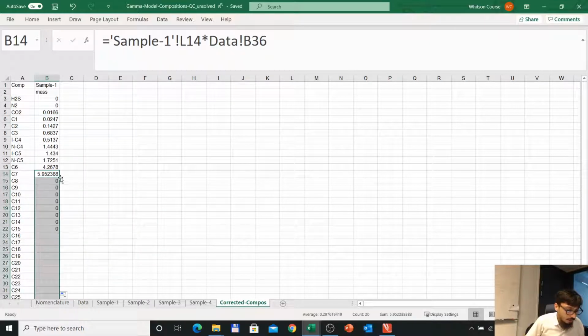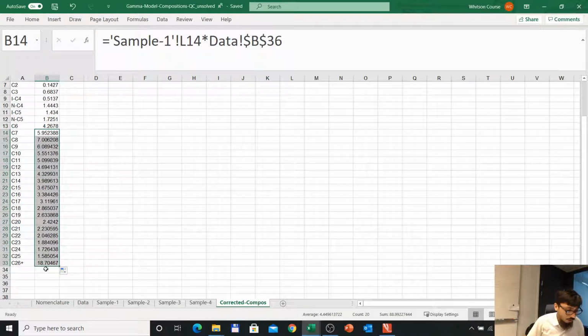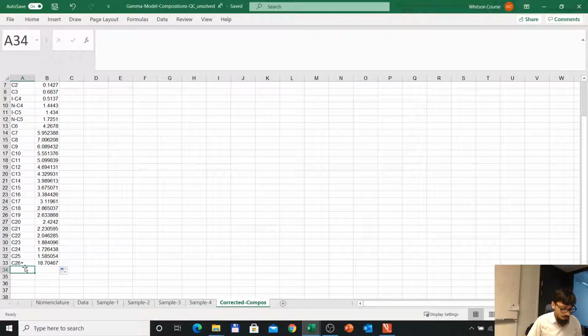Then we just drag it down. Oh, sorry, this one needs to be fixed. And so we drag it down, and then we calculate a total mass here.